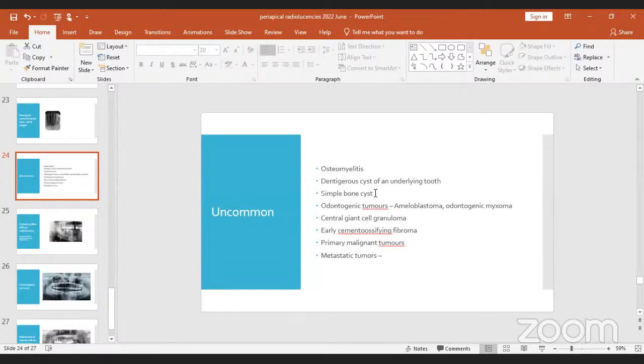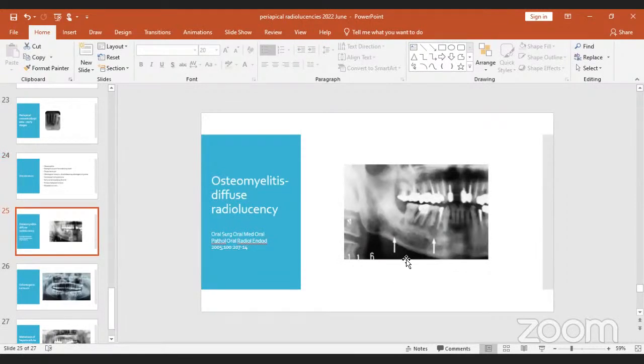Then simple bone cysts, odontogenic tumors such as ameloblastoma, odontogenic myxoma, or central giant cell granuloma, early cemento-osseous fibroma, or primary malignant tumors, and metastatic tumors.